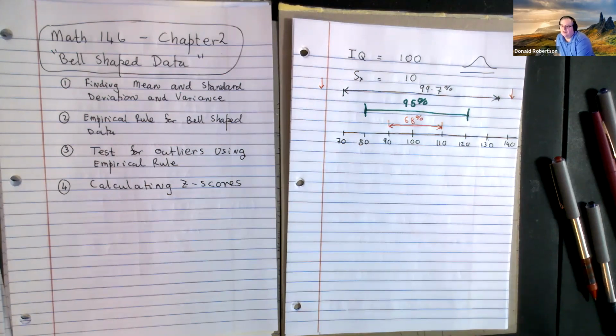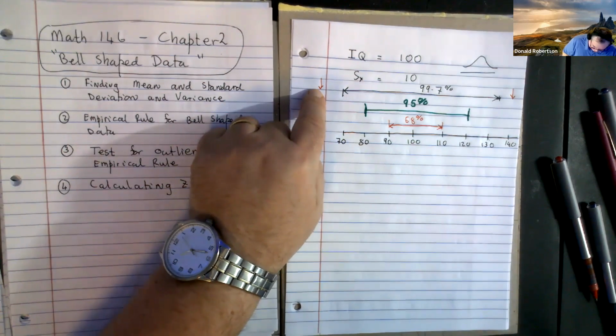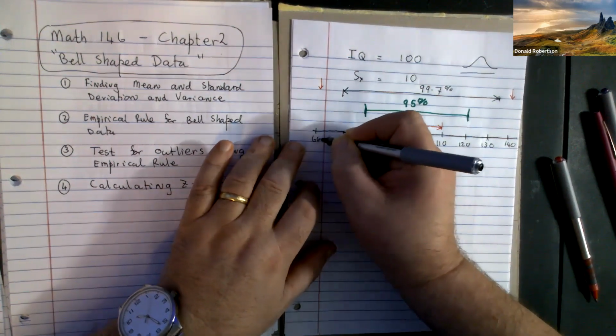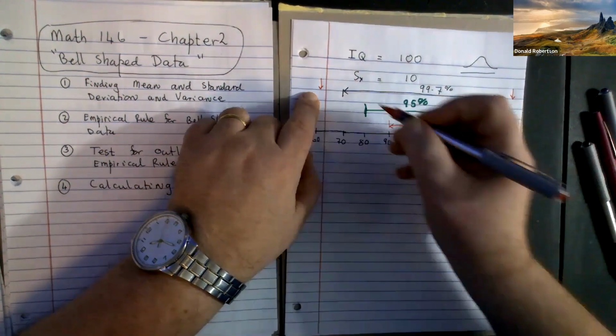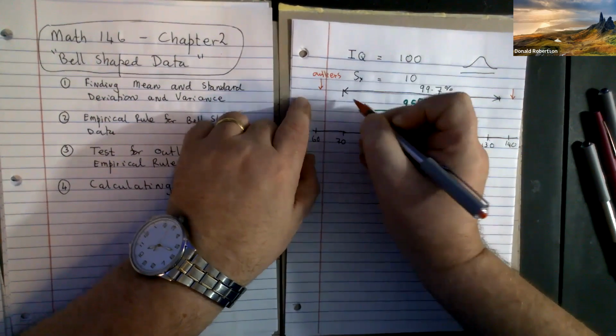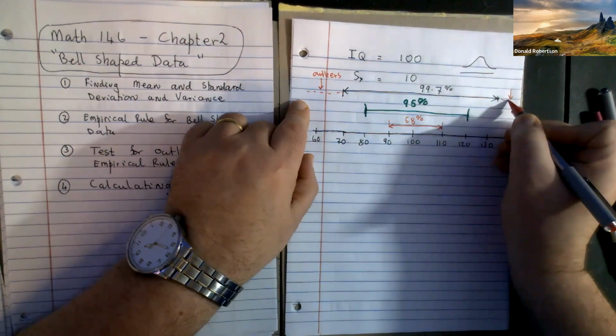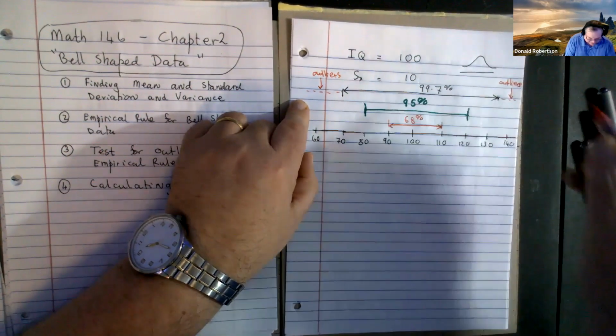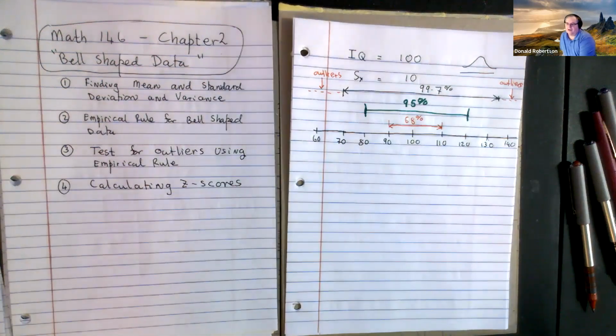You are really rare and really big. You are an outlier. And down here, you might have an IQ of, I don't know, 60, 65, whatever it might be. Those people on this side are also outliers. So the outliers are the ones that are furthest away, right? The furthest at each extreme.